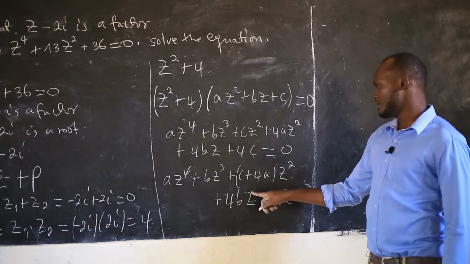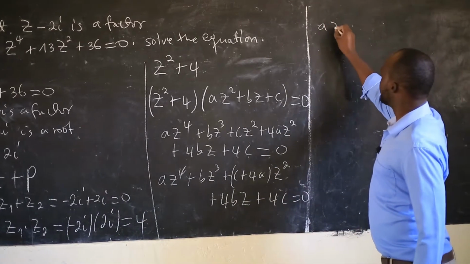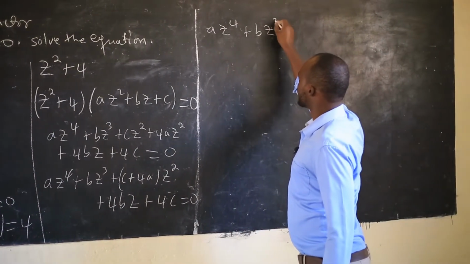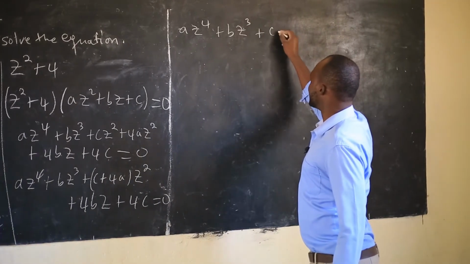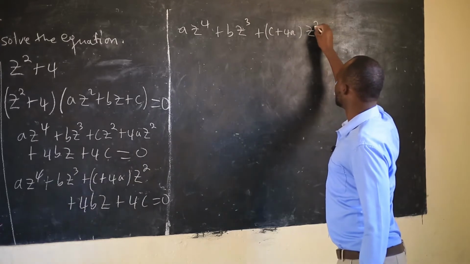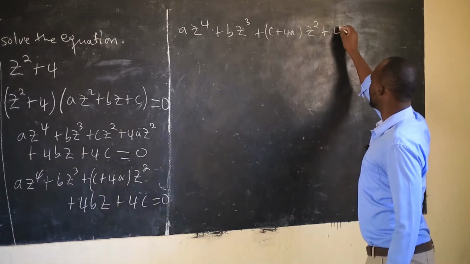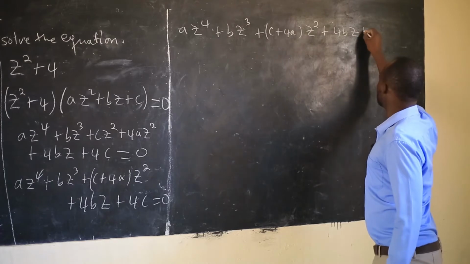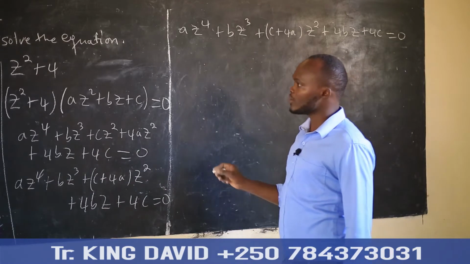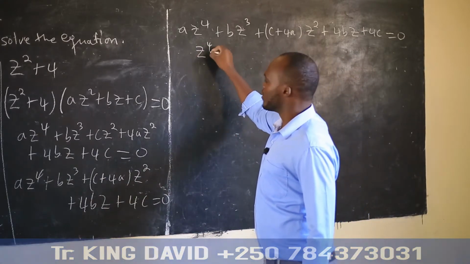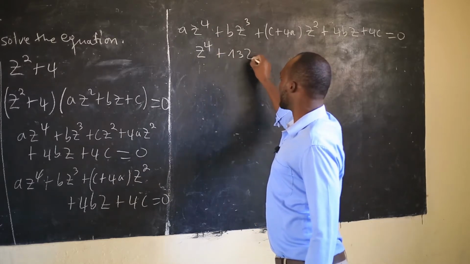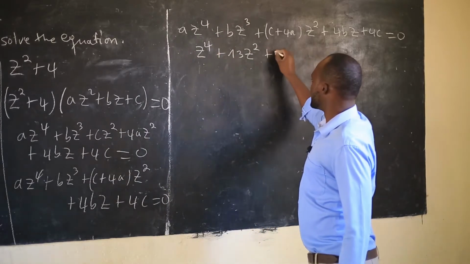So our polynomial is az power 4 plus bz power 3 plus c plus 4a into bracket z squared plus 4bz plus 4c equal to 0. So we compare this equation with the given one, which is z power 4 plus 13z squared plus 36 equal to 0.